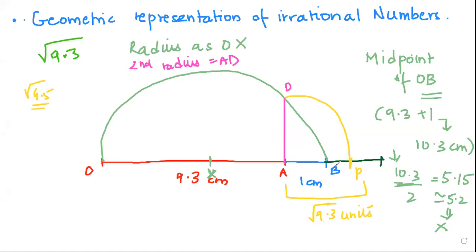Then next to it you draw 1 centimeter, and then for that complete line segment, which is nothing but 4.5 plus 1, which would be 5.5, right? So 5.5, you find the midpoint of that, and then you draw a semicircle, and then you join this point where that first line ended to the arc of the semicircle. And then take that as the radius and draw your final arc again back on the baseline, and that distance between this point to this point is your under root of that value.